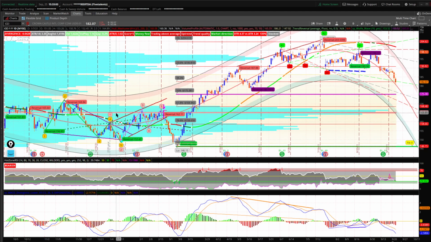So the first one that we'll be looking at is what they call the Wolf Wedge. I have this up on CCI, Crown Castle International.